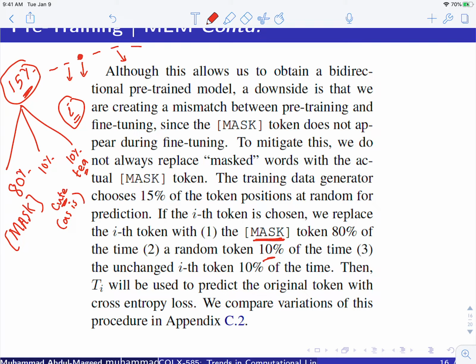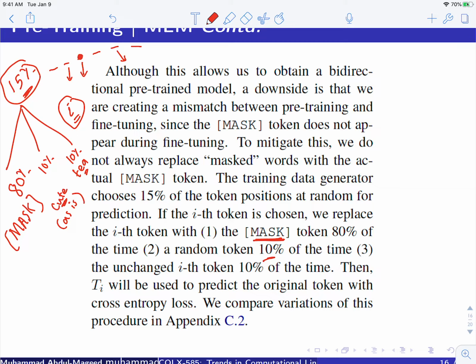By following this procedure, they accommodate the fact that during training they do this masking, and during test there is no masking, so there will be a mismatch. To alleviate this problem, they won't really mask the full 15% of the time.